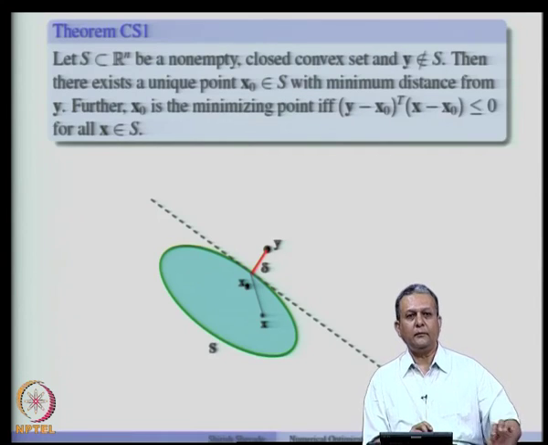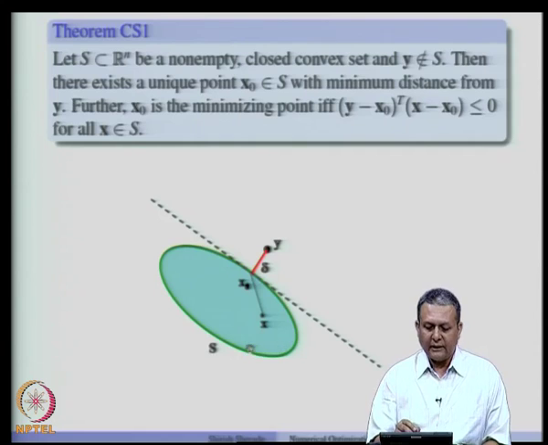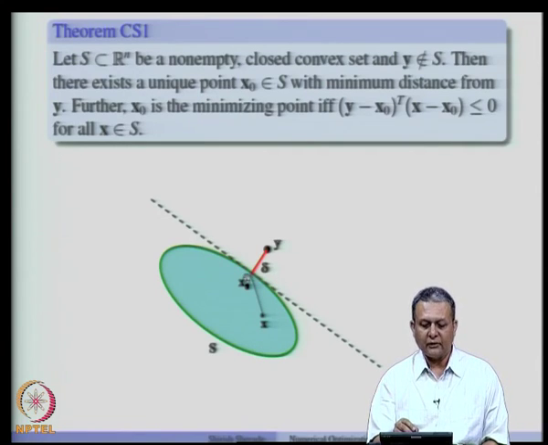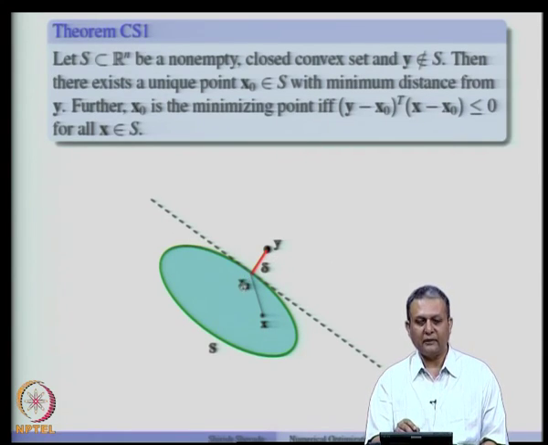Now, geometrically, what we have shown here is that given a set S and a point y which is not in the set S, the first thing that we showed is that there exists a point x0 in the set S which is at the least distance or minimum distance from y, and that point is x0.